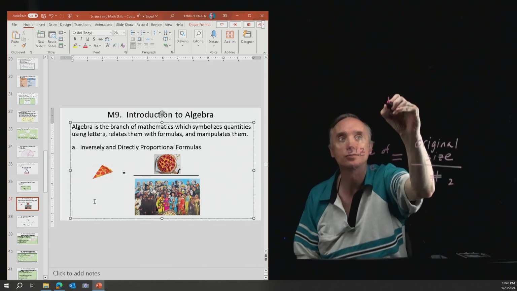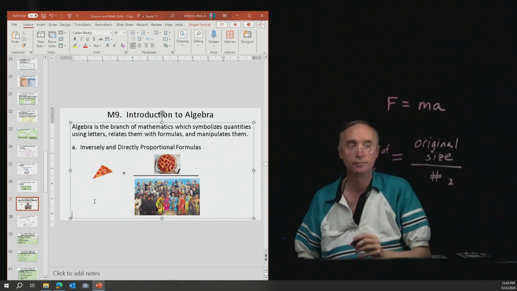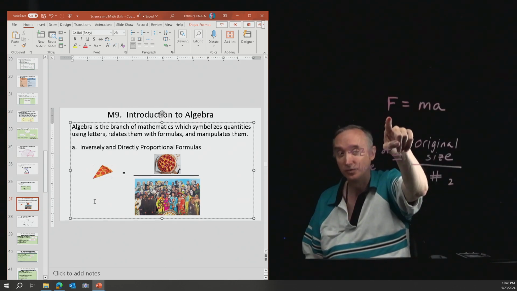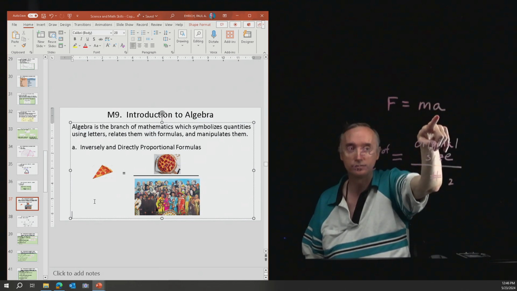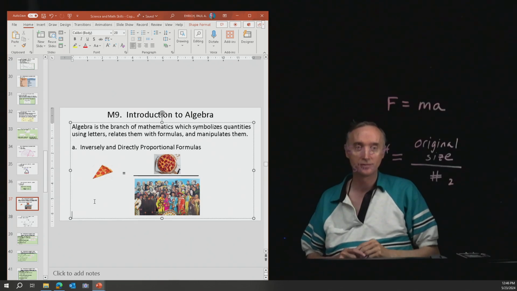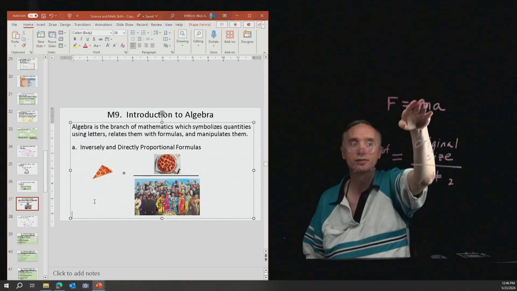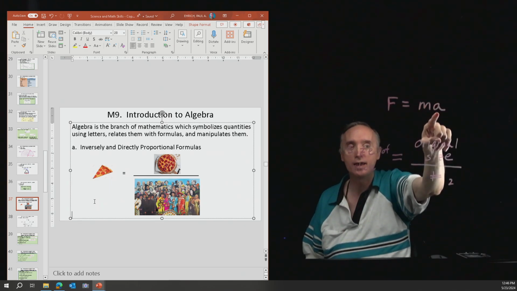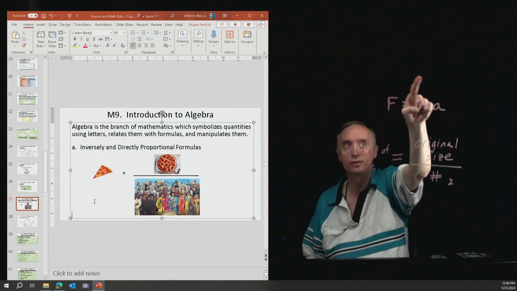So in physics, we have a formula that says F is equal to ma. And so F stands for force, m is mass, a is acceleration. Not important for us. It's important if you take physics. Okay, but force causes a mass to accelerate. And let's say the a, is it directly proportional to F, or is it inversely proportional to F?